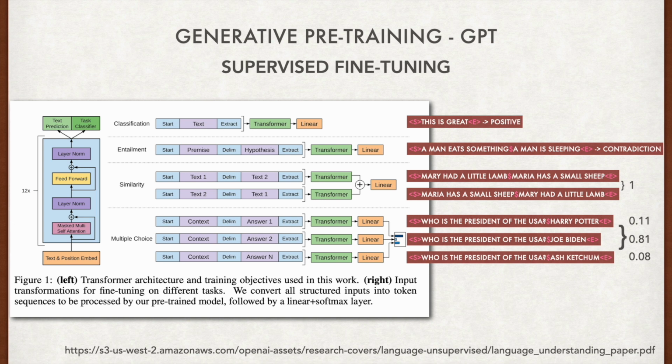Then, similarly, the final embedding after reading the input is used to perform classification. Considering the textual similarity, the authors decided that because there is no preference here on the order of inputs, the two possible orders will be processed independently, and then the final embeddings will be summed and classified.